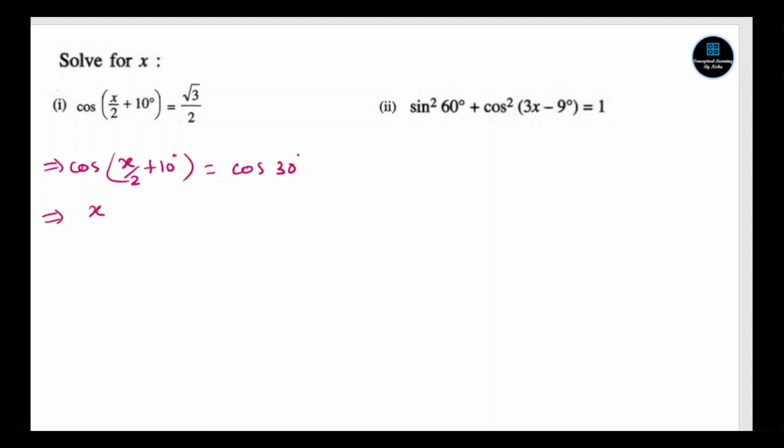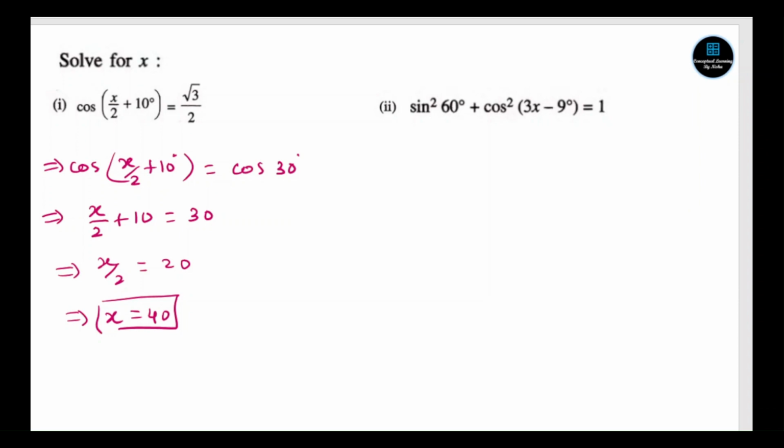So when I compare the angles, I'll get x over 2 plus 10 equals 30. And hence I'll get x over 2 equals 20 here. And this gives me x equals 40. See, you can verify also your answer here. See, 40 upon 2 is 20. 20 plus 10 is 30. Cos 30 is square root 3 upon 2. So my answer is correct. Alright. So we have solved this.